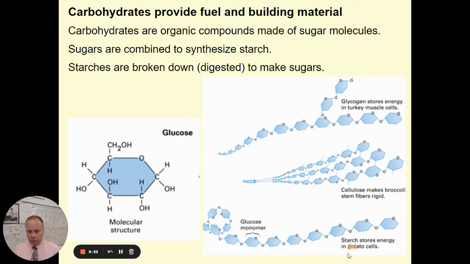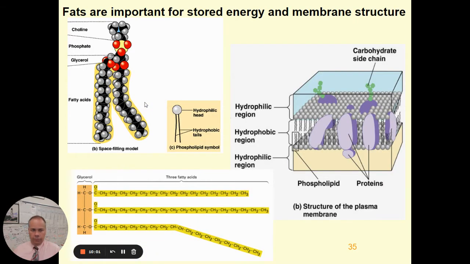Other times, a large molecule of starch is broken down into glucose to provide energy. Fats or lipids are the main compound that makes up the cell membrane. Okay, if you remember from when we just mentioned the cell membrane, it's made of what we call phospholipids.